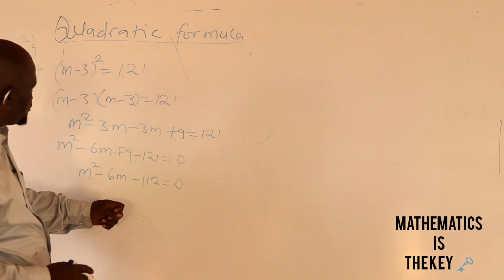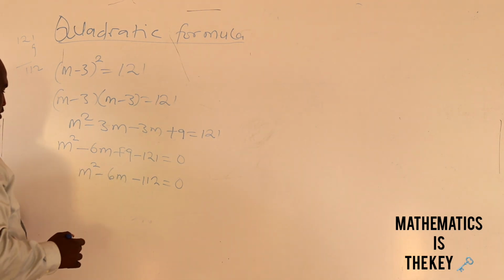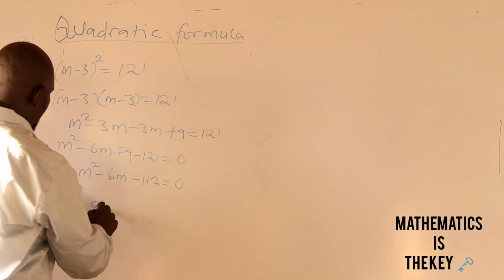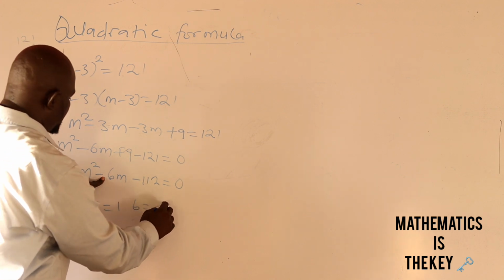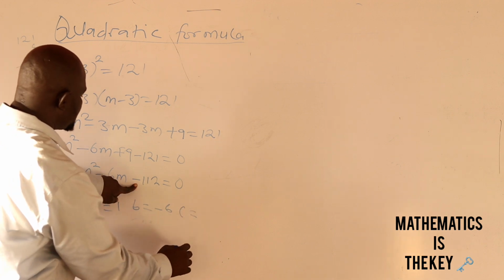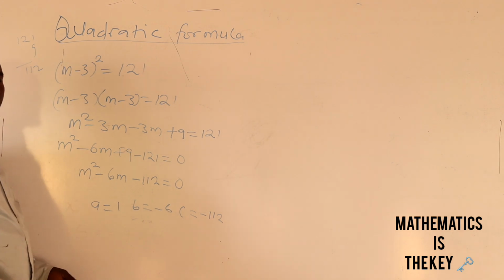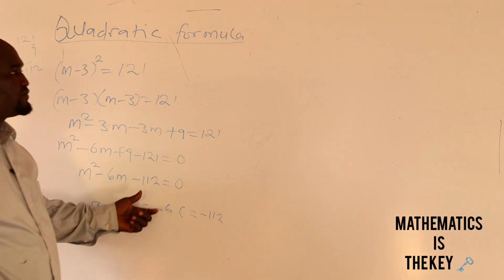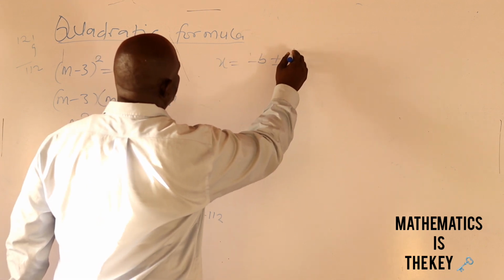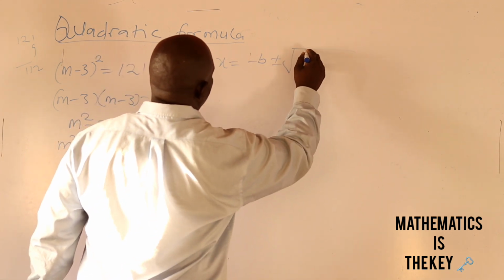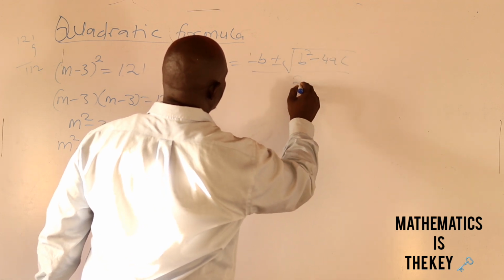So comparing this with our general form of the quadratic equation, we'll see that a is this coefficient 1, b is this coefficient minus 6, and c is this constant minus 112. And the quadratic formula is given as x is equal to minus b plus or minus the square root of b squared minus 4ac all over 2a.